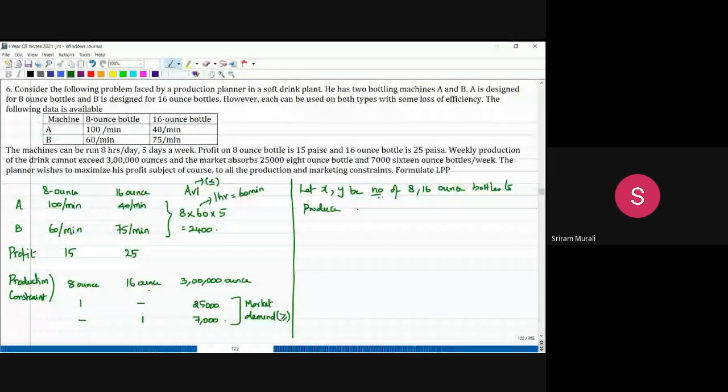For 1 bottle it is 15 paise, for 2 it is 2 into 15 paise, for x it is 0.15x. Likewise for 16 ounce it is 0.25 into y. Both added together, we want to maximize profit. Any questions?